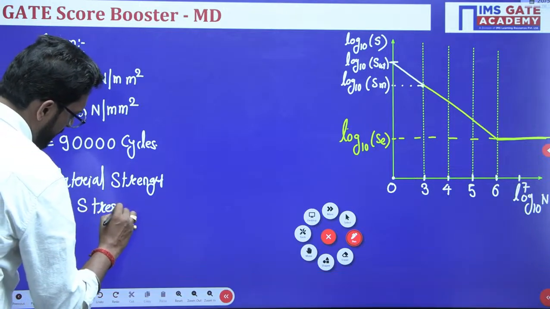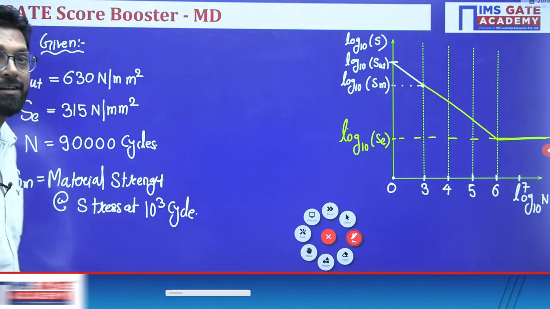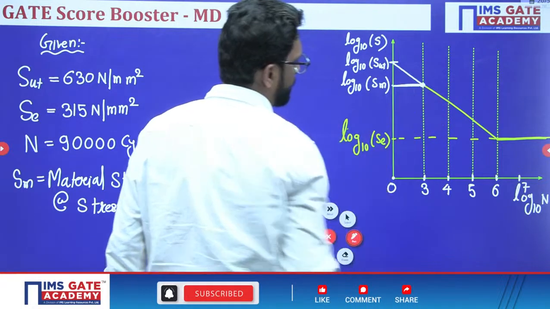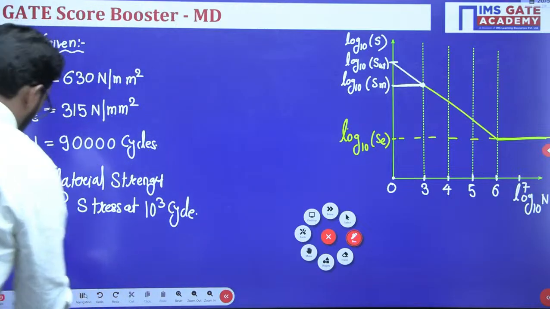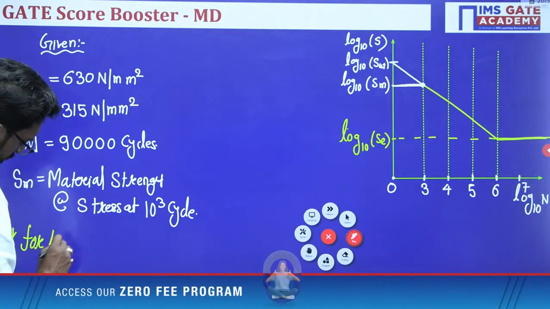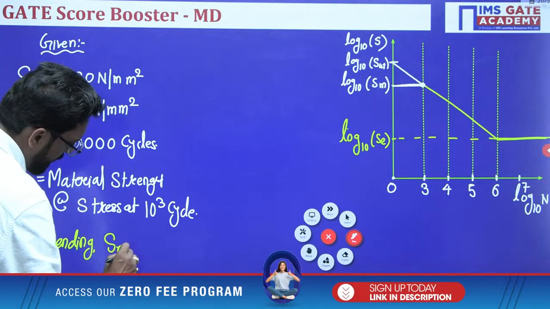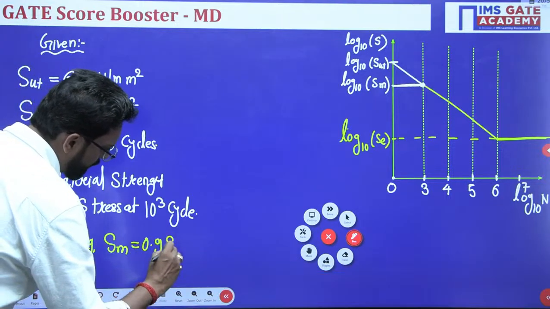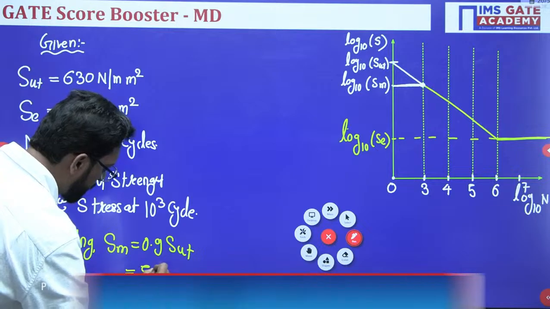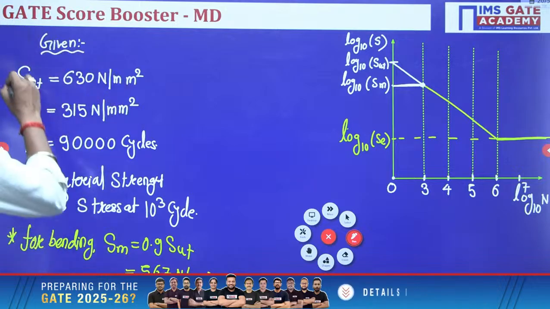That is, the stress at 10 to the power 3 cycles is called material strength. And we have to note down for bending that this Sm is equal to 0.9 of SUT. So this value is 567 Newton per mm square. Clear?